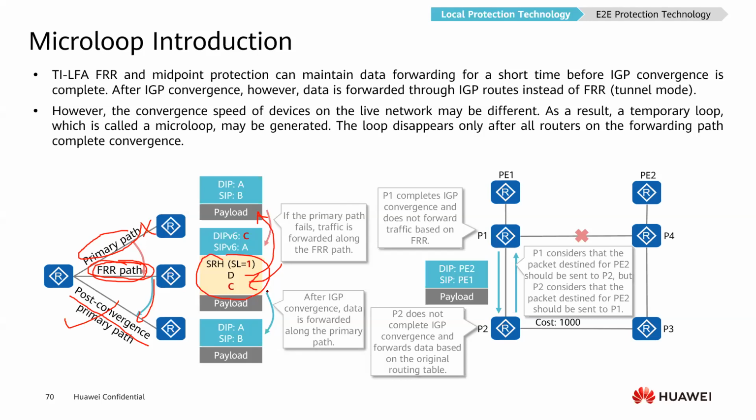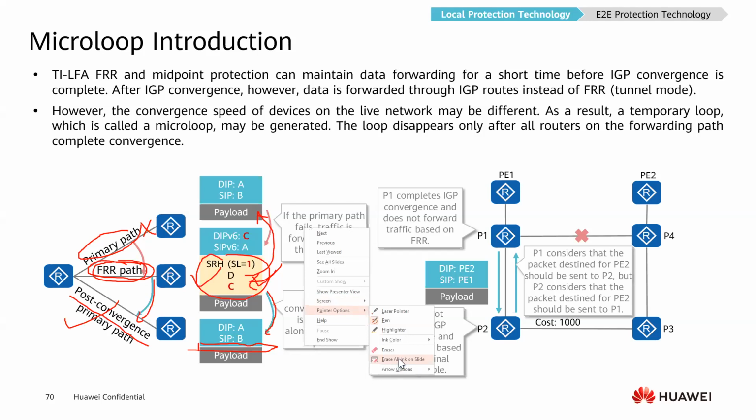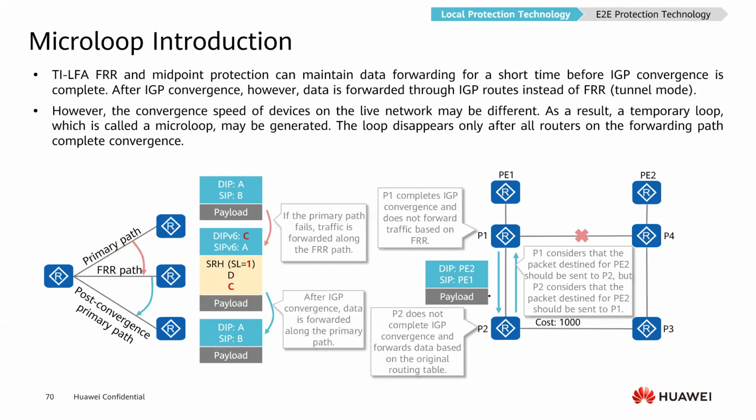So during that time, if the post-convergence primary path is converged, then they will not do it the FRR way, which means they will not add the SRH header into it. So during this time, a macro loop might happen. Let's look at the left, right picture.